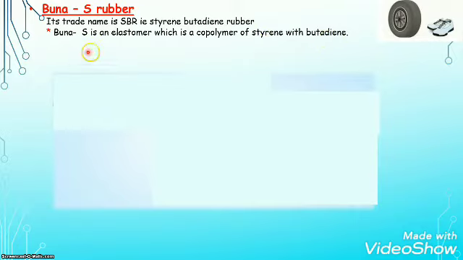Now it is very easy to remember the names of monomers required for Buna S. By observing the name Buna S, we can easily remember these monomer names. Bu means butadiene, Na represents sodium, and S represents styrene.